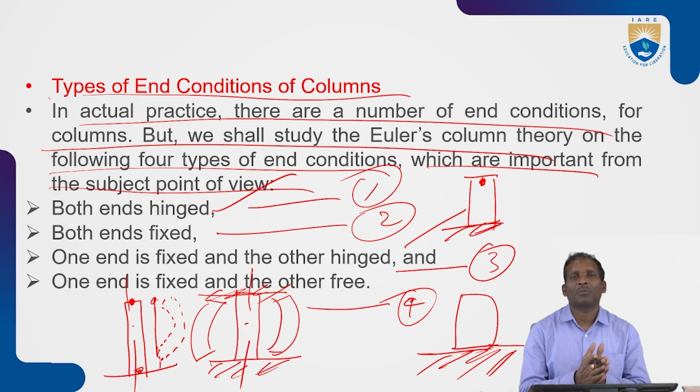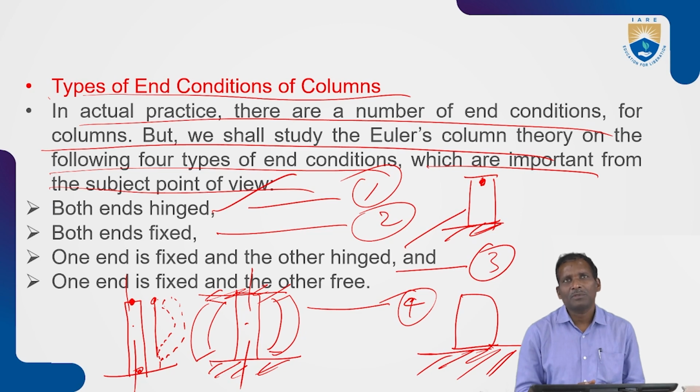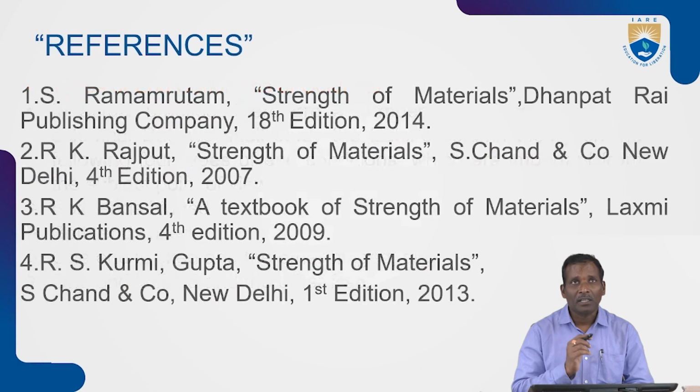Based on these assumptions, Euler's theory was made. So while solving problems, you must use this theory for buckling load and critical load calculations. Clear? So these are the main topics.